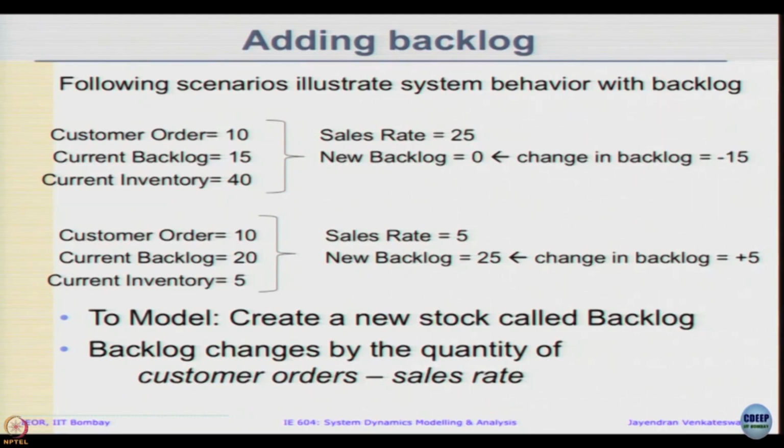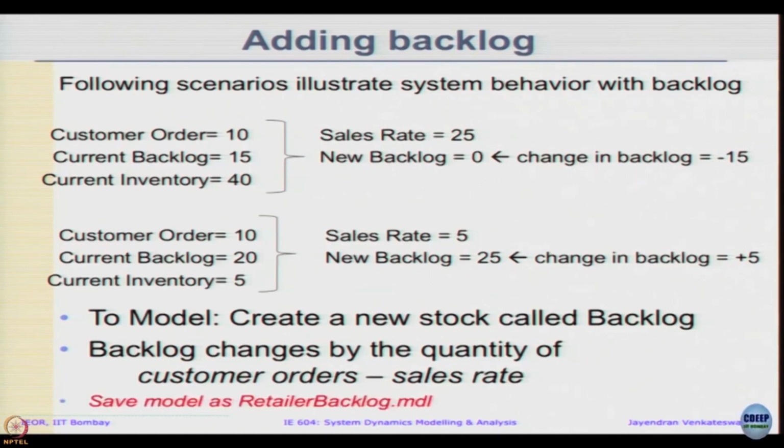Now, how do we relate this backlog to my sales rate? You can figure out the equations by looking at the two scenarios that are illustrated there. That is the purpose of the scenarios, it shows current backlog, new backlog, the customer orders, and the sales rate, using which and your common sense you will be able to figure it out.